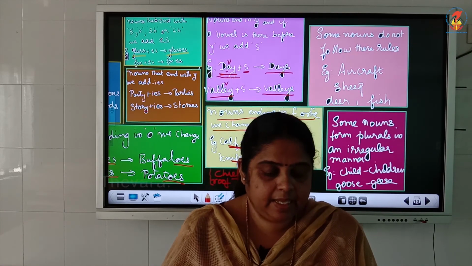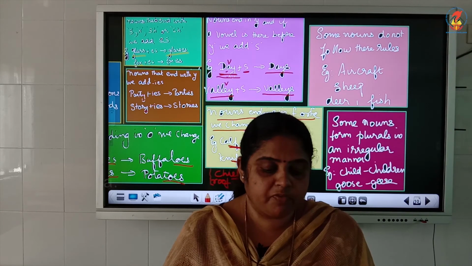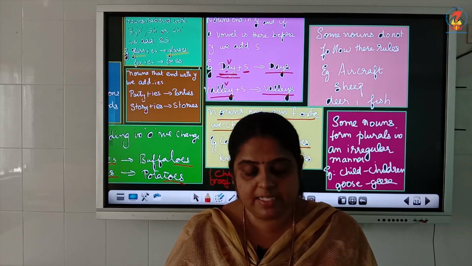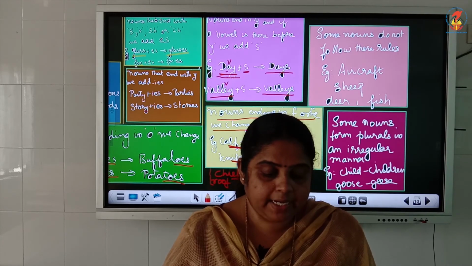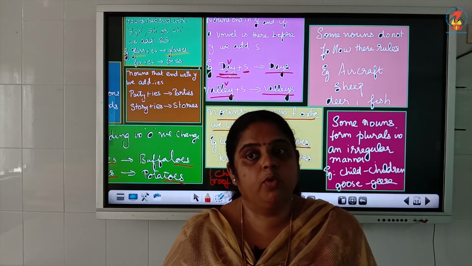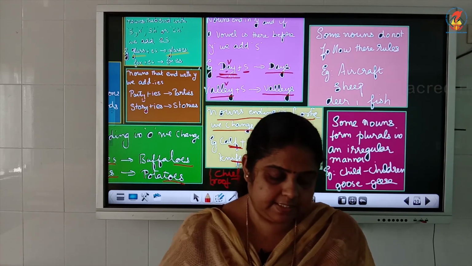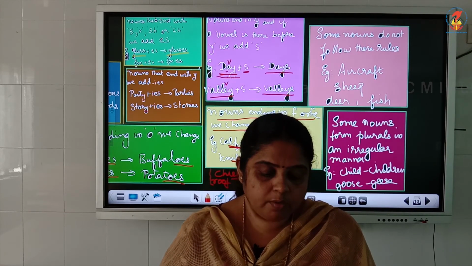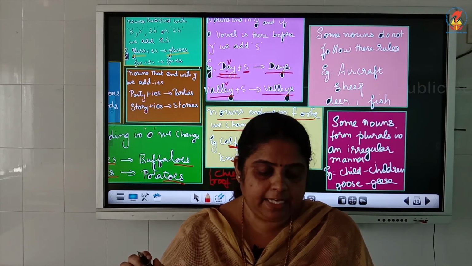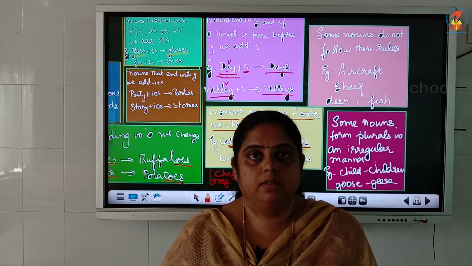Then C and D. In C, you have to write the plural form of the nouns given in the brackets. That's very easy for you. The dash of the tree have dried up. Leaf. What is the plural of leaf? Leaves. Like that, the second one. The dash of both the houses are damaged. Roof.